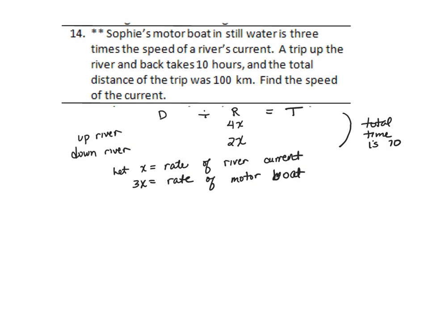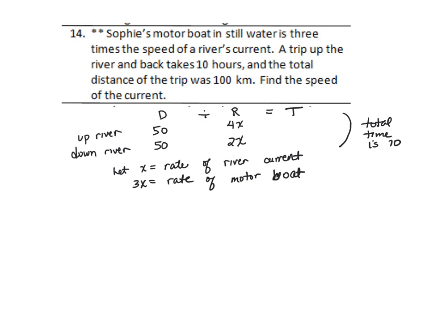So for this problem, we have to represent the distance, 100 kilometers. Here I think we would have to assume that the trip up the river and back would be the same distance. So that would be 50 each way.